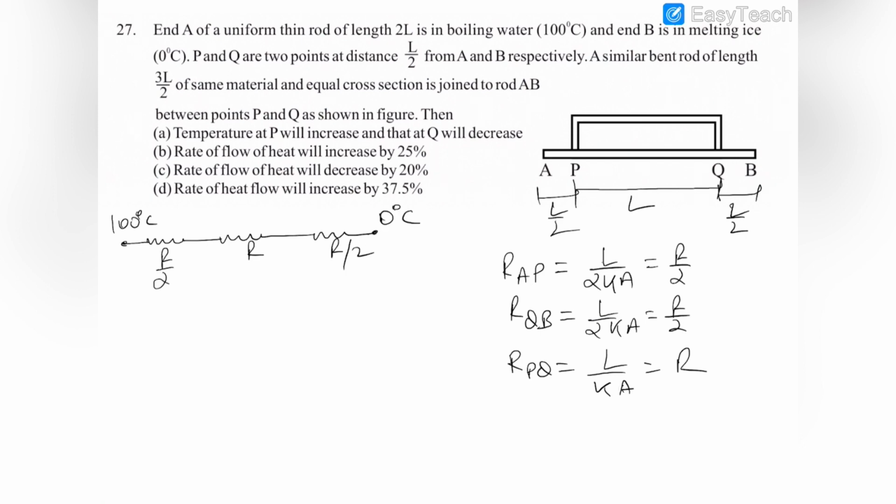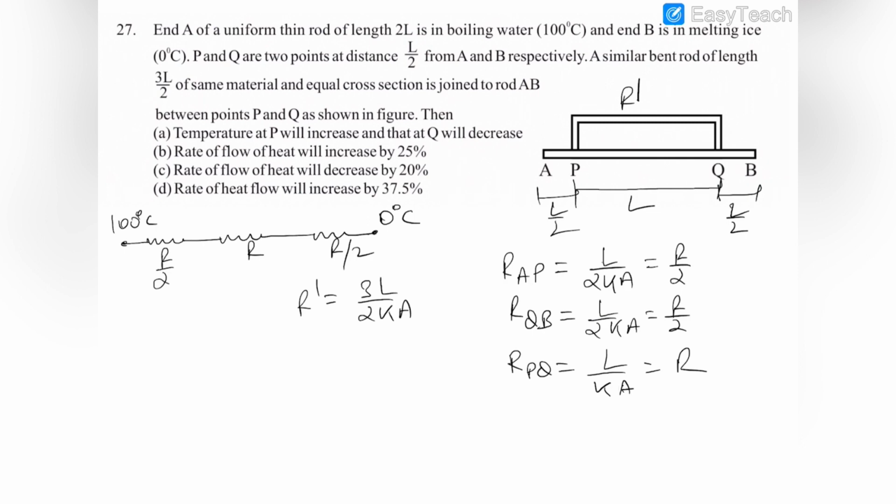Now we have connected another rod of the same material and same cross section, but its length is 3L by 2. So you can see that the resistance of this rod, let us name it R dash. R dash is equal to 3L by 2 Ka, for this complete rod.